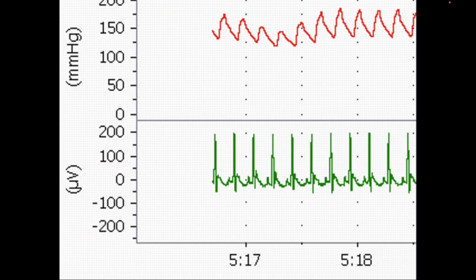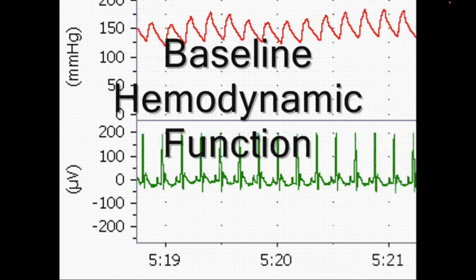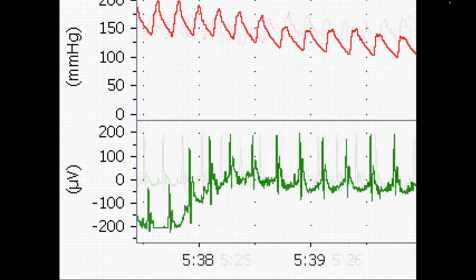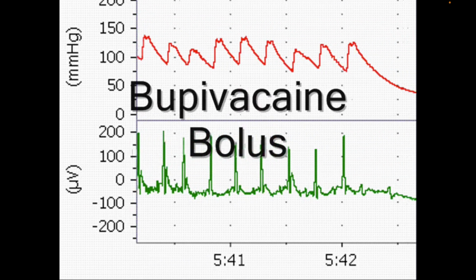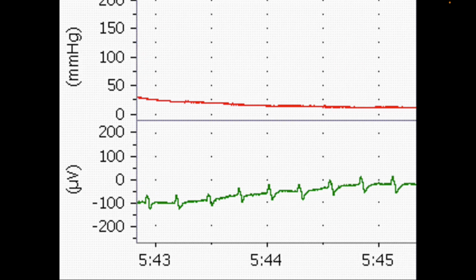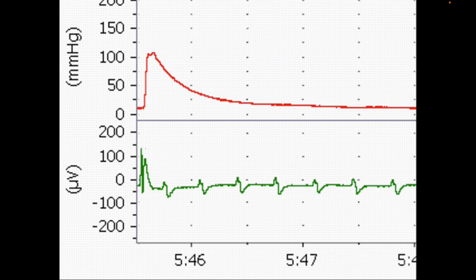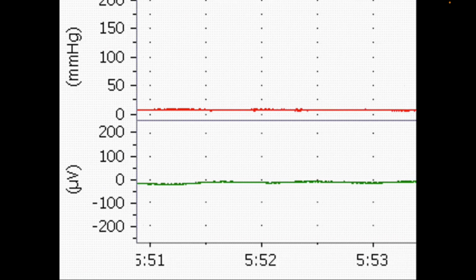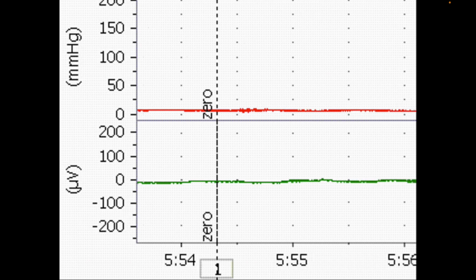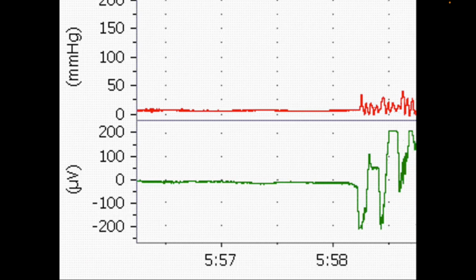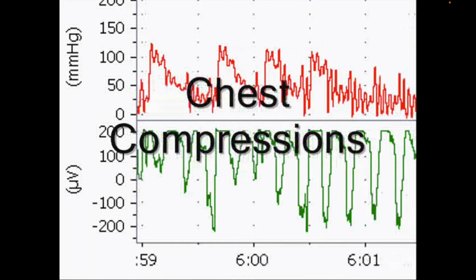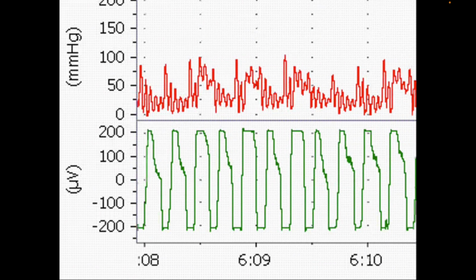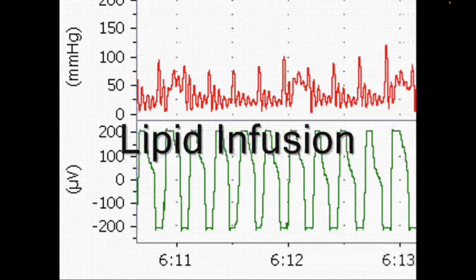The animal initially has a rapid heart rate and strong developed blood pressure. Upon an intravenous bolus of bupivacaine, the heart rapidly stops beating. We then begin chest compressions to attempt to resuscitate the animal. Concurrently, we begin an intravenous infusion of a lipid emulsion.